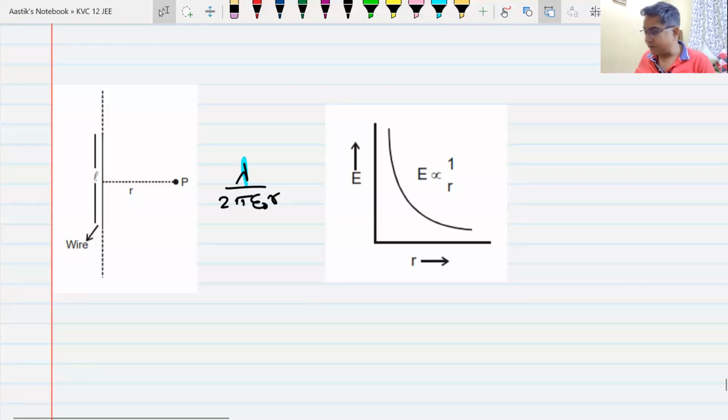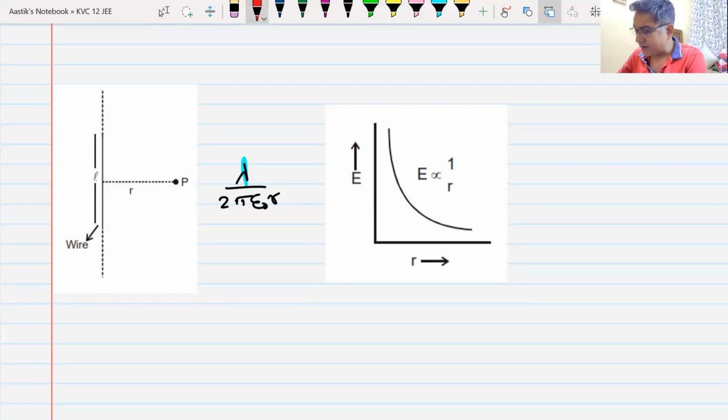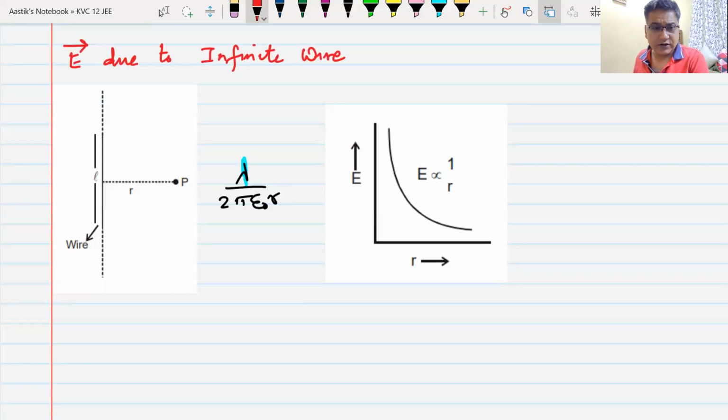So this is the electric field due to an infinite wire. I hope you understand how it is drawn. Electric field due to an infinite wire. We understand this, yes or no? Yes, sir.